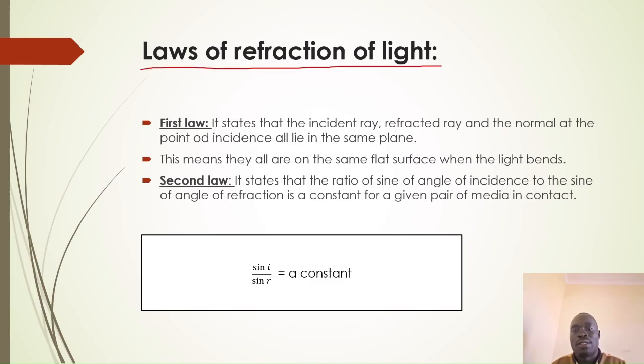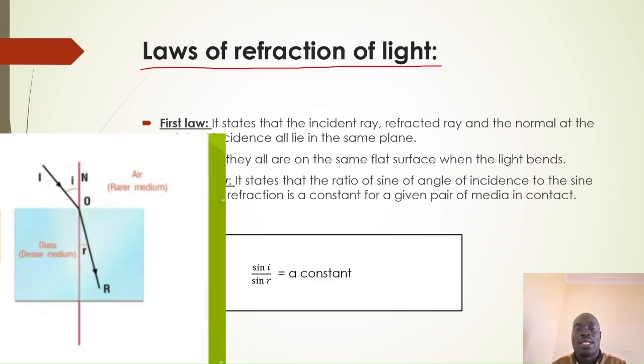Laws of refraction. Let's consider this ray diagram. In the ray diagram, we shall see that the incident ray, the normal, and the refracted ray have a common point, which will help us to come up with the first law of refraction.